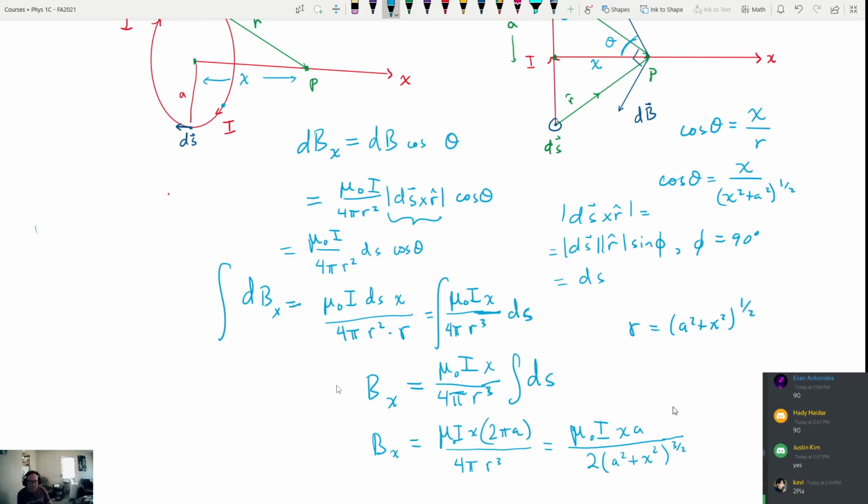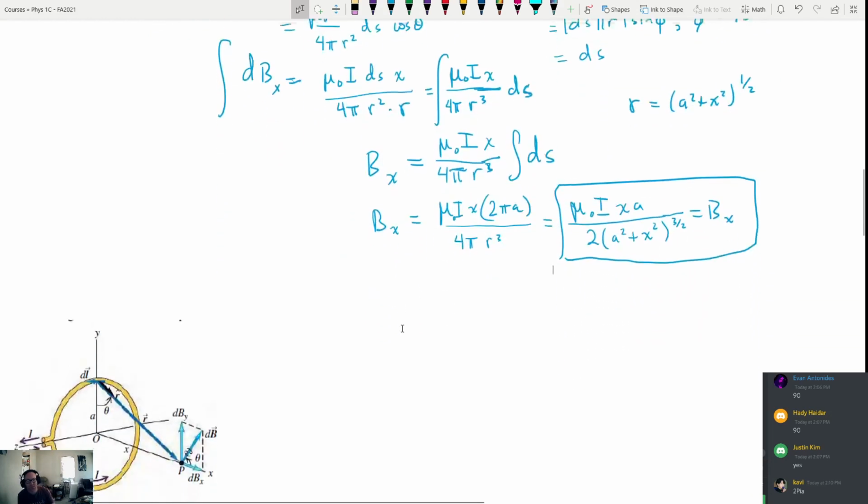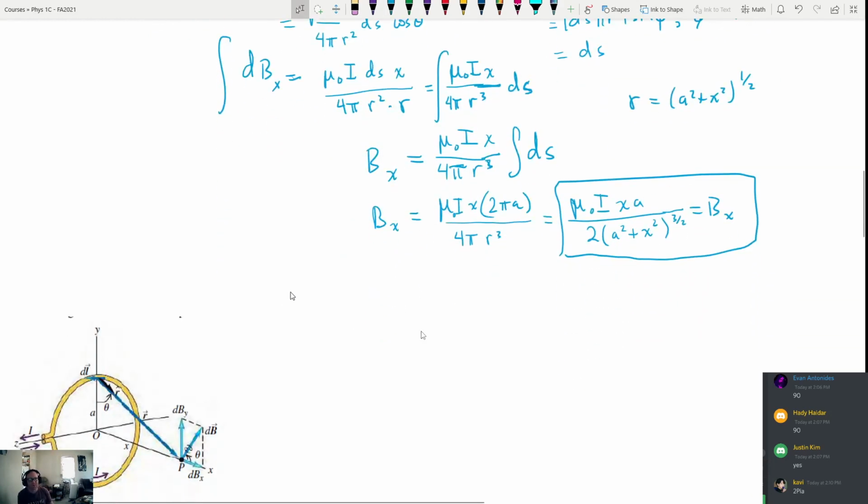And that's our result. This is the magnetic field due to a loop of wire on axis. And a natural thing to do from here is to find the field at the center, where x is equal to 0.